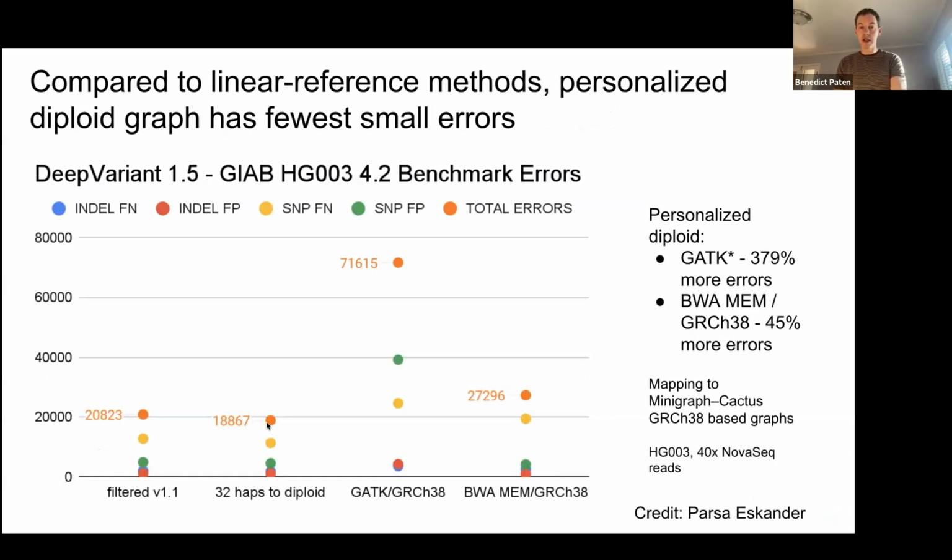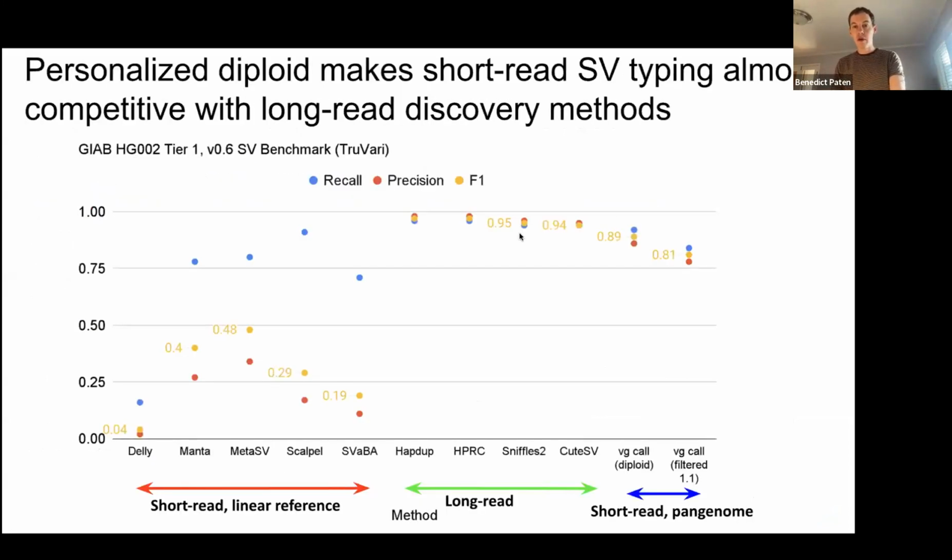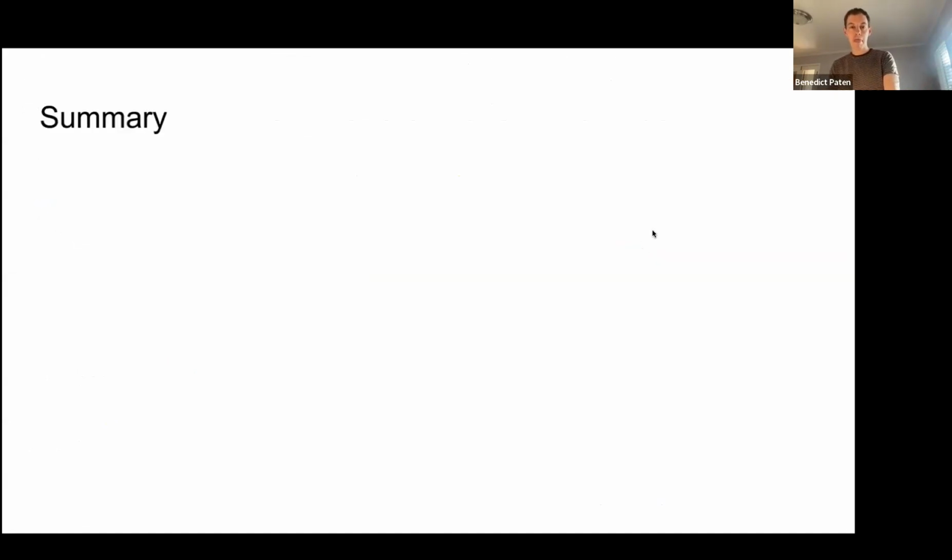They are really state-of-the-art, substantially better than you could achieve with, for example, the Genome Analysis Toolkit, the GATK. We have far fewer errors when we use this approach of creating a personalized pan-genome and mapping to that for the purposes of our pipelines. And similarly with structural variants, we're starting to approach the performance of long read methods, just using short reads when mapping and then variant calling against the pan-genome.